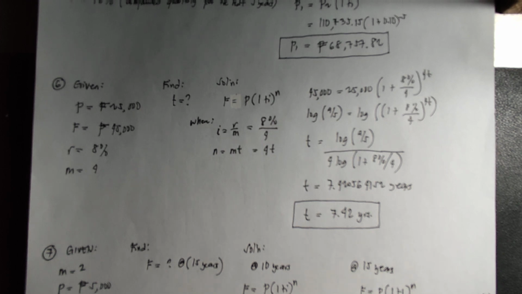Then we get log 9 over 5 is equal to 40 log 1 plus 8% over 4. Then we will get t is equal to log 9 over 5 over 4 log of the quantity of 1 plus 8% over 4. Then we get our t is equal to 7.420564152 years. Or we will round that off, we will get 7.42 years.